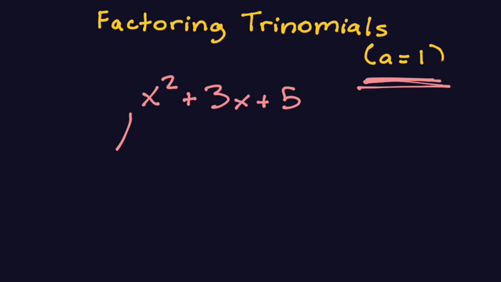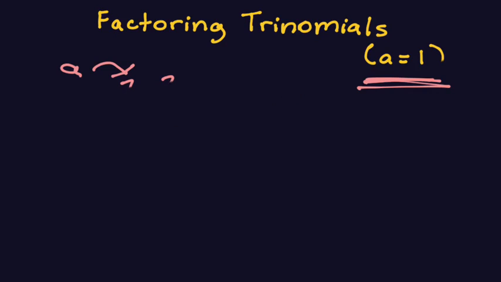This is not, but I'm just using it to explain. This is a right here. Right now there's an invisible 1. So I'm only factoring trinomials where that a is equal to 1. If you're looking to factor trinomials where it's not equal to 1, I should be making another video on that pretty soon. So now let's get into the video.